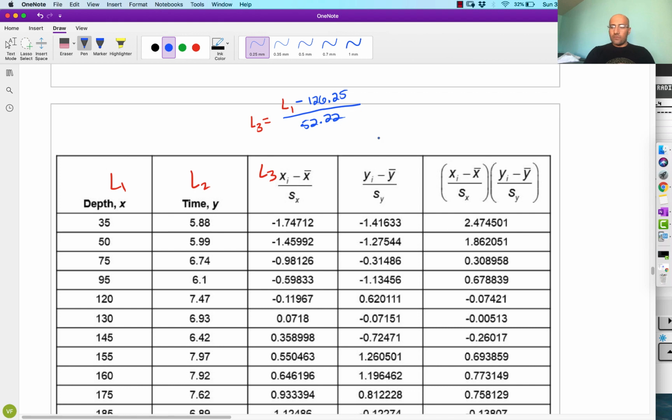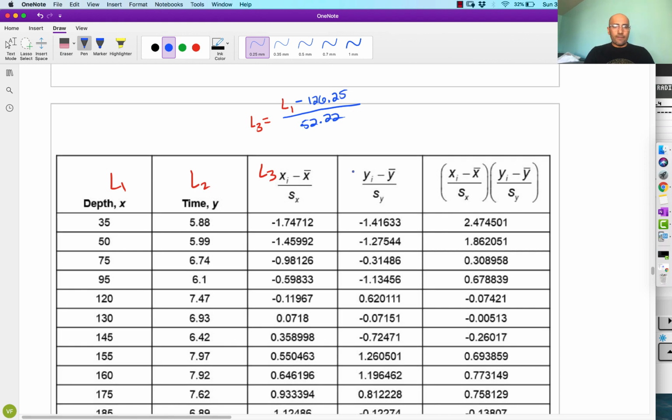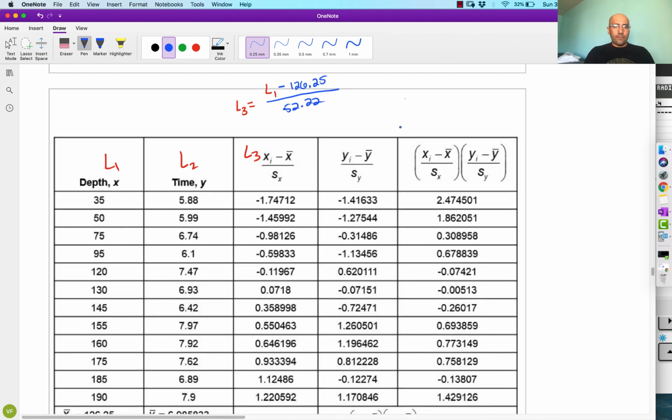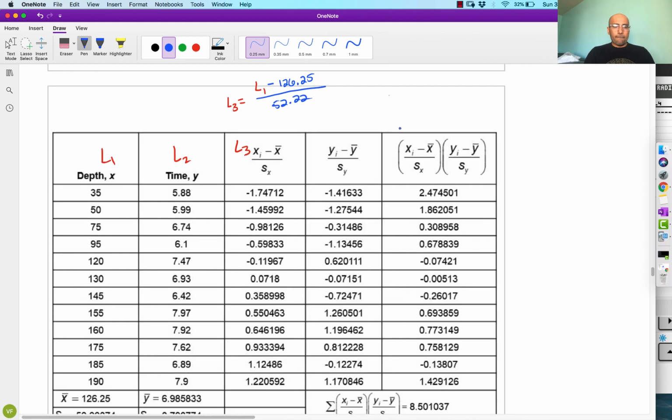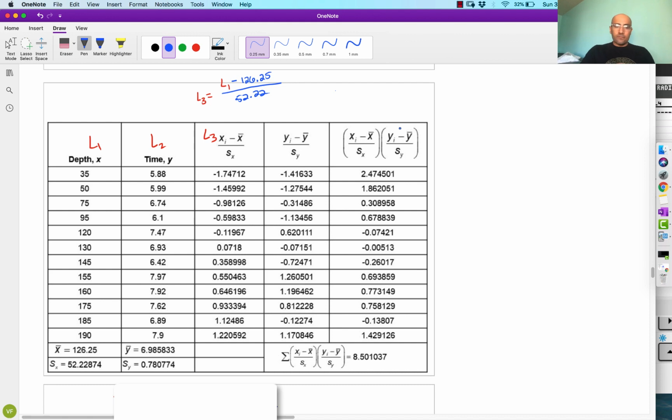Then you can put more decimals in there to be more accurate. Let me zoom out a little bit more. 52.22874.